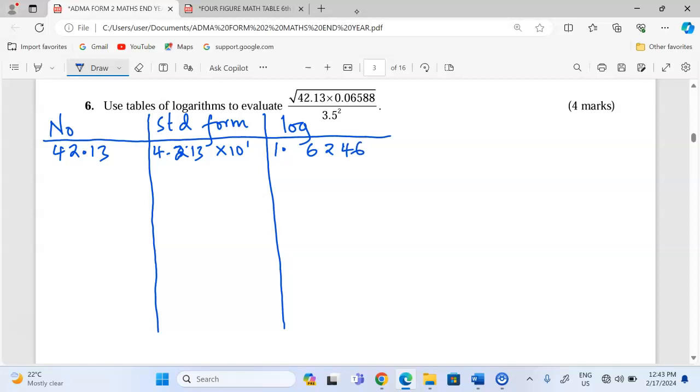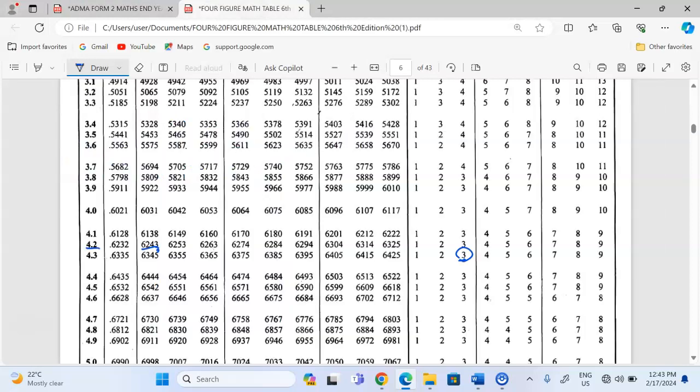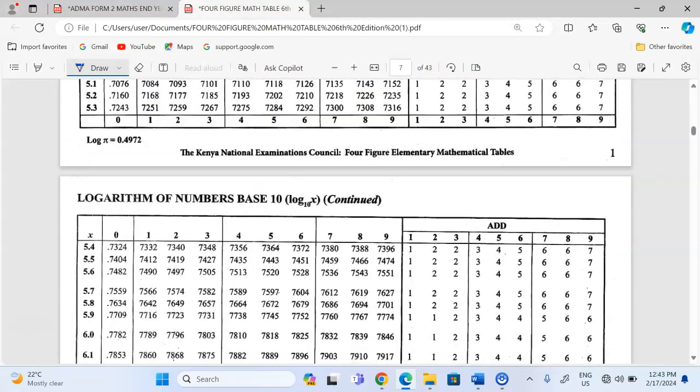The second number, 0.06588, will be written as 6.588 multiplied by 10 power -2. So the logarithm is going to begin with bar 2 point 65, then 88.